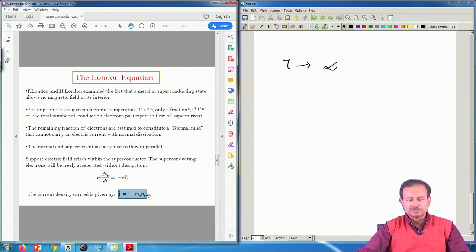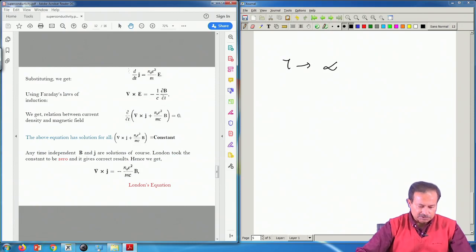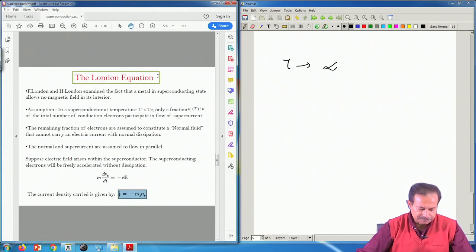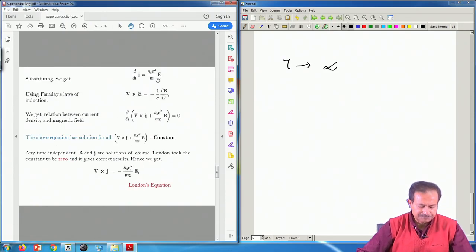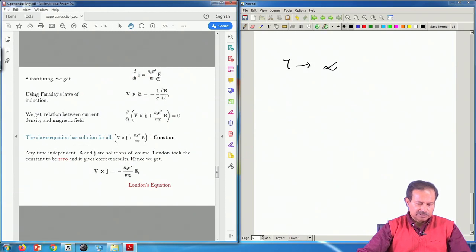Here, the S means the superconducting component. Then of course, what we did is that we took this equation and multiplied by n e, and that is what we got: n e square by m on the right.